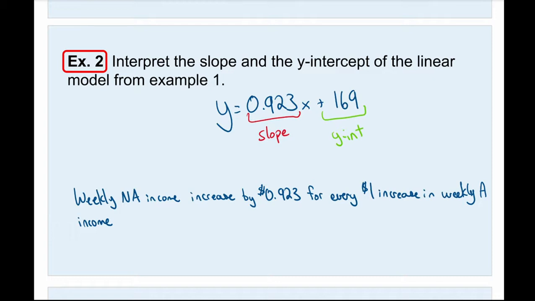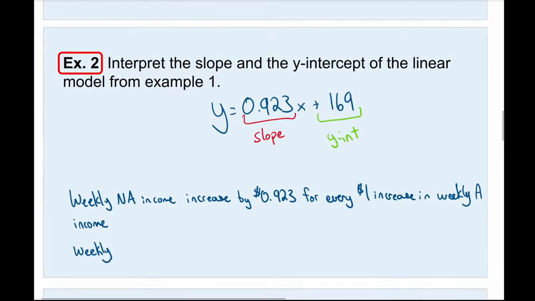So you could argue, based off of this, that the weekly aboriginal income is increasing greater, you could say. You could also, though, look at our y-intercept of 169.